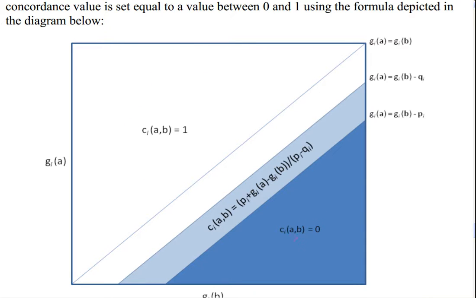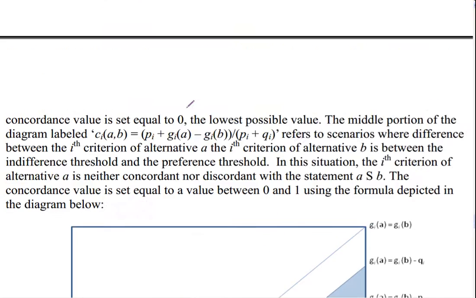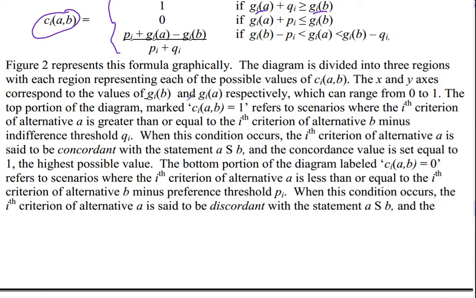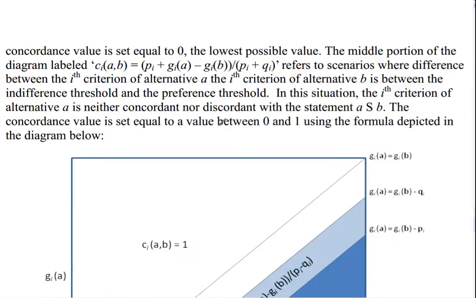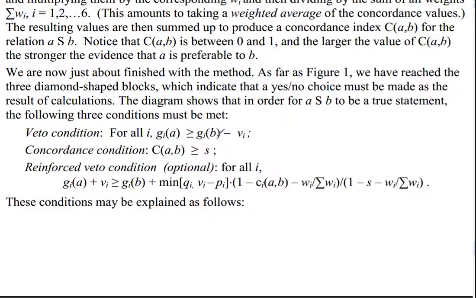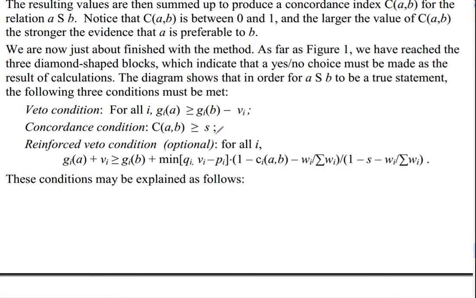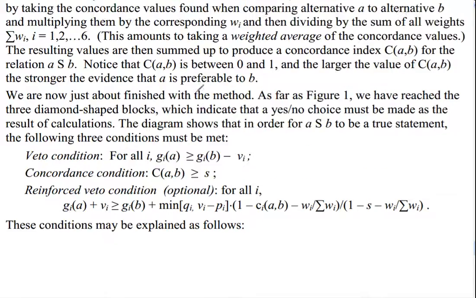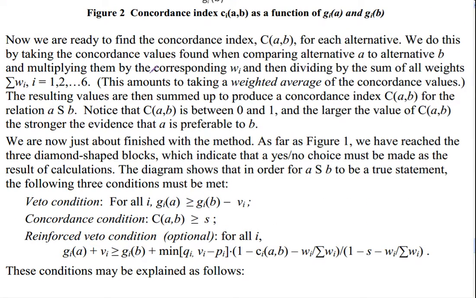In this blue region, the concordance value is 0. And in this gray region, the concordance value is in between. All right? So you'll have to compute concordance values for each index.